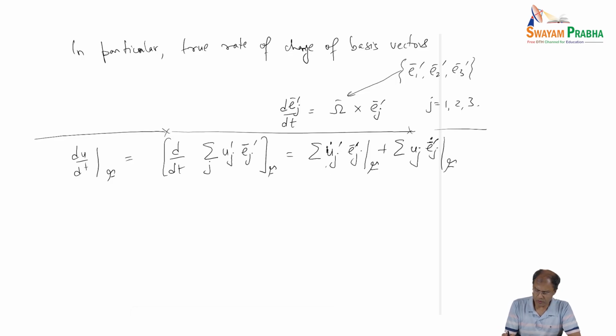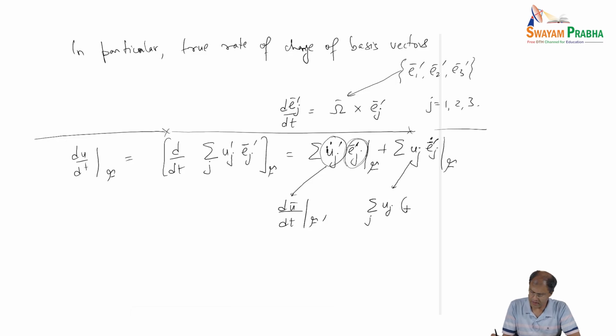So now using the relations, we see that this quantity is also du/dt in the frame f prime. Why? Because these quantities uj prime are just scalars, and now we are measuring these components with the basis vector ej prime, right? And then the other quantity is given by summation j uj omega cross ej prime.